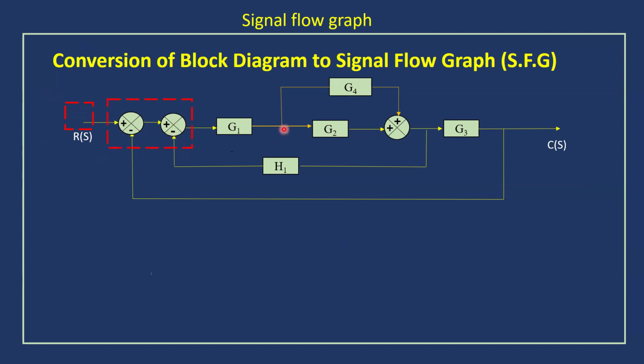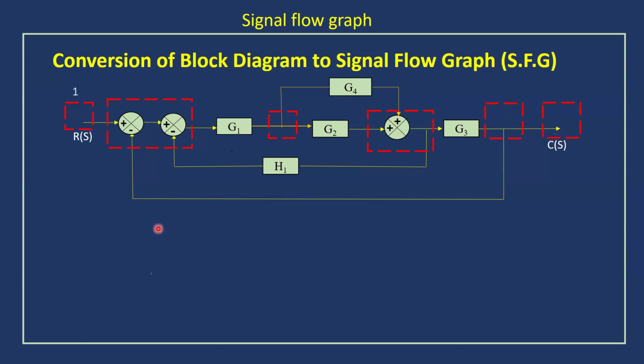And then the next takeoff point should be represented by a single node. And next, here the third summing point and this takeoff point are nearby each other. So we can combine and that should be represented by a single node. And this takeoff point should be represented by a single node. And output also can be represented by a single node.